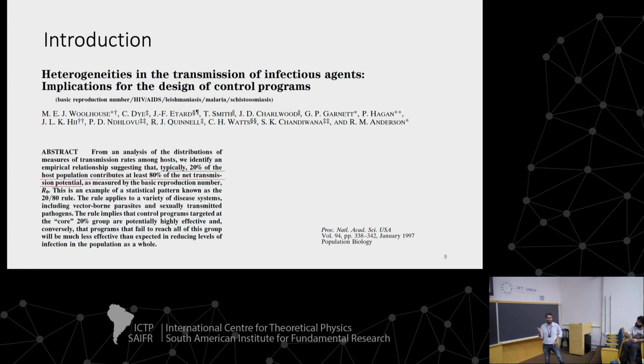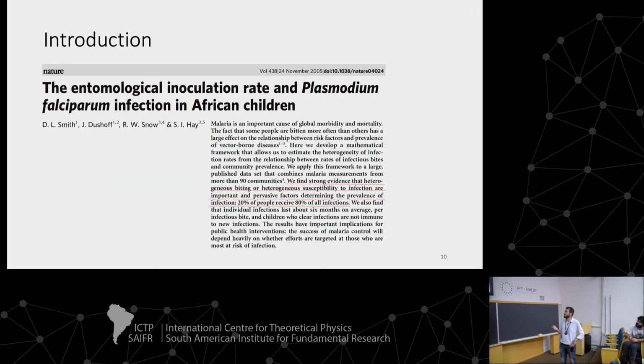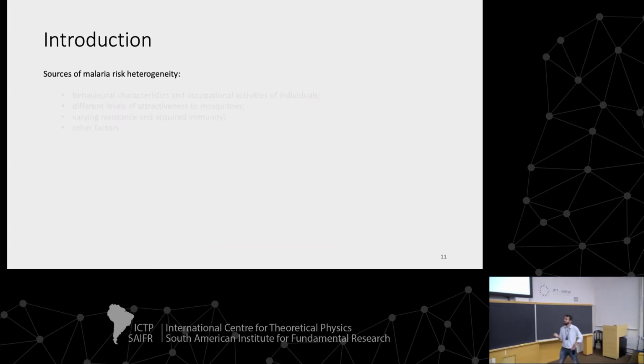This is something that we had in mind to construct our model. He saw this for example in HIV and other diseases, including malaria. It was already seen in Africa, in children, this pattern as well, this 20-80 rule.